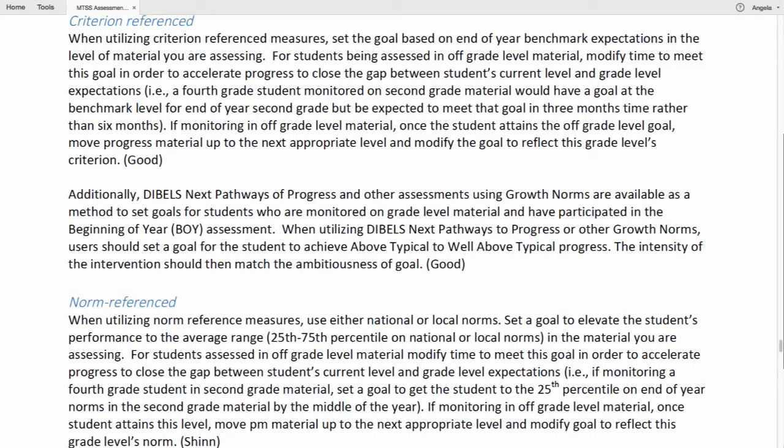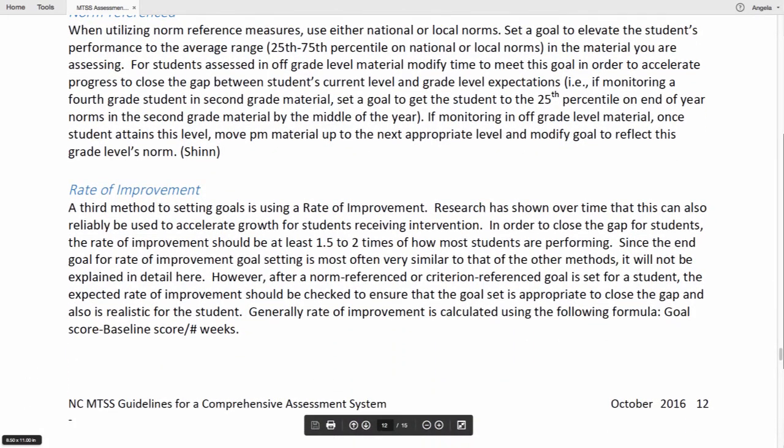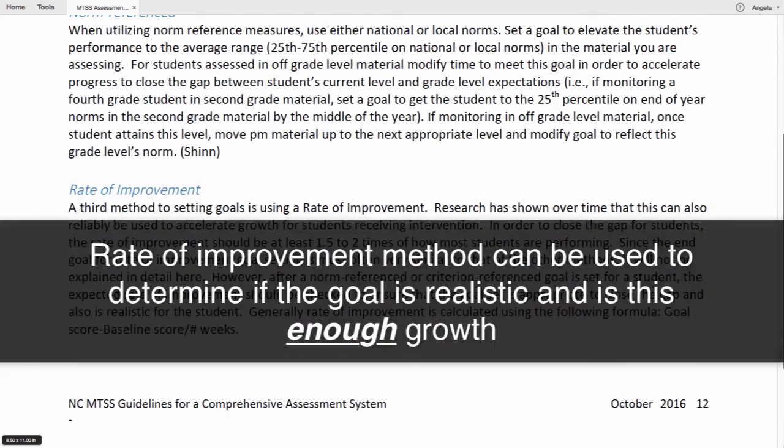Okay, if you're using a rate of improvement method to set goal, be aware that most times the end goal that you set using that method is going to be pretty much the same as using a criterion referenced or norm referenced method. But your rate of improvement can be used to check to see, is this realistic for the student?